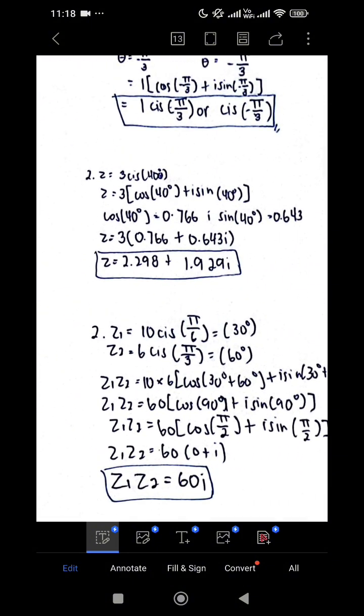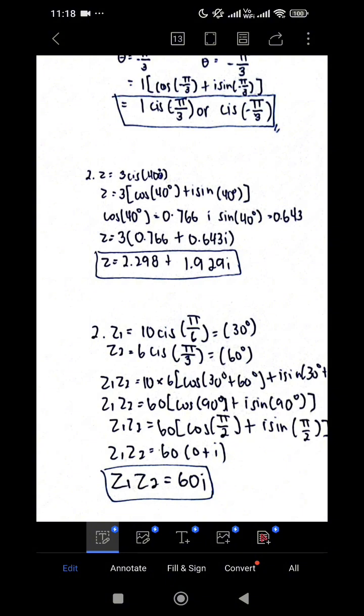Number 2 is just the same, but the value is going to be different. The value is 3 cis 40 degrees. So z is equal to 3 [cosine 40 degrees plus i sine 40 degrees]. Cosine 40 degrees is equal to 0.766 if we use the calculator.